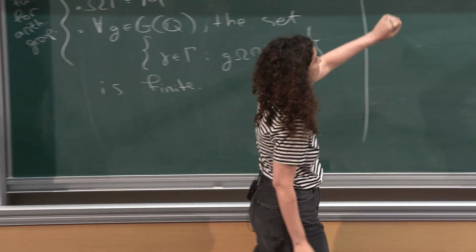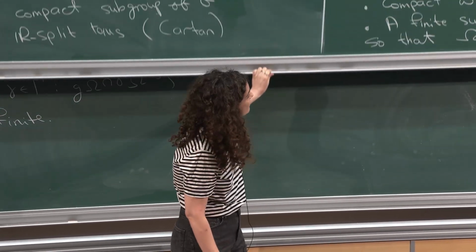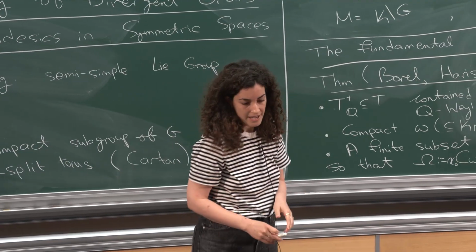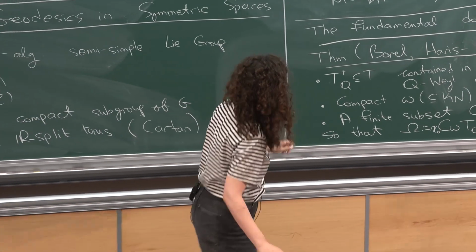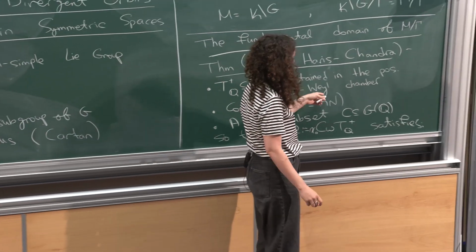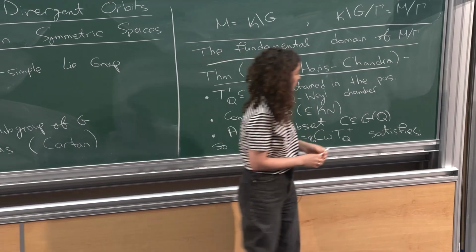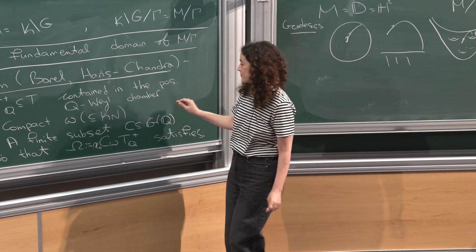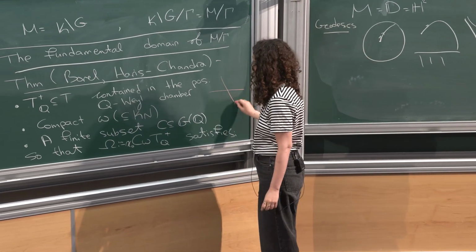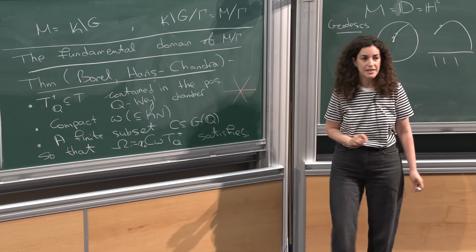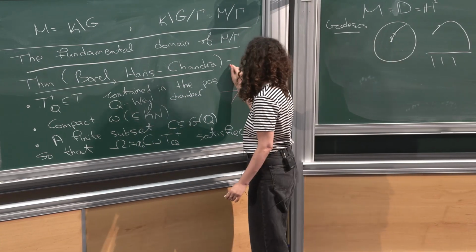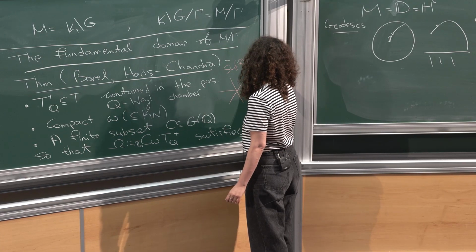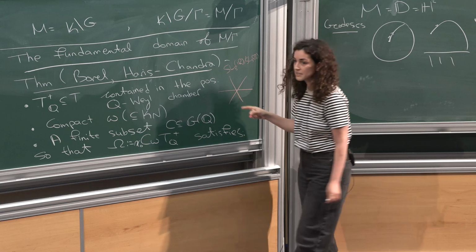So maybe let me say the things I didn't explain here. So this T_Q^+ comes from the Q-Weyl chamber, as I said. So this was also mentioned before, the positive Weyl chamber. So we can look at the root system of our space. So for example, for SL3, R mod SL3(Z), this is going to be the root system.